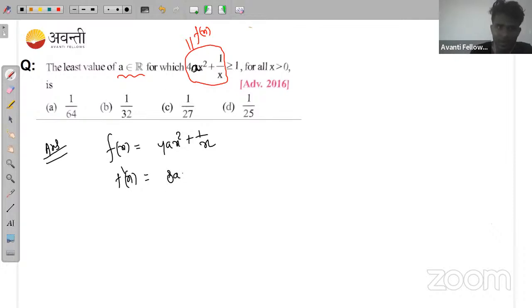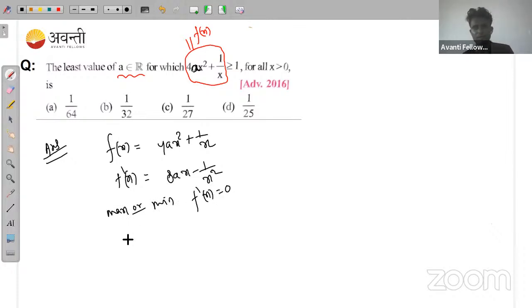If you differentiate, 8ax minus 1 by x square, right? So now, in order to find maximum or minimum, तो क्या होना चाहिए? That point में f dash x को 0 होना पड़ेगा. We know the function is maximum or minimum where f dash x is either 0 or not differentiable.